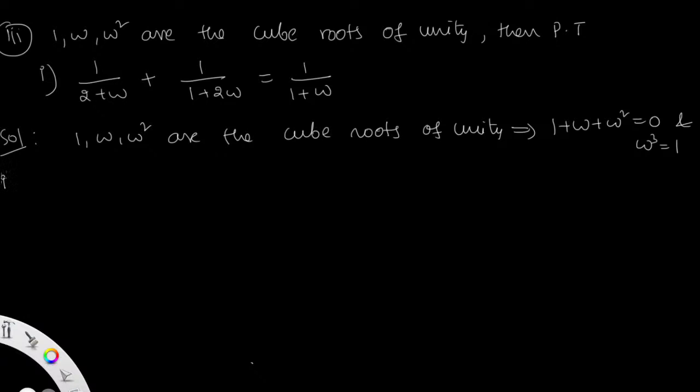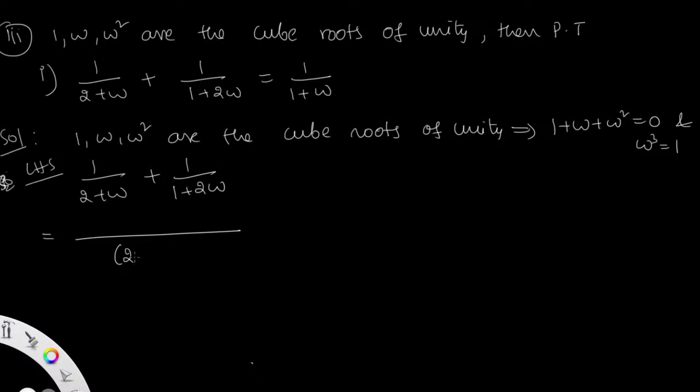First one, solution. Take the LHS first: 1 by (2 plus omega) plus 1 by (1 plus 2 omega). First take the LCM, that is (2 plus omega) into (1 plus 2 omega).